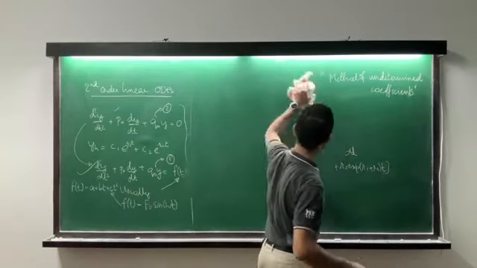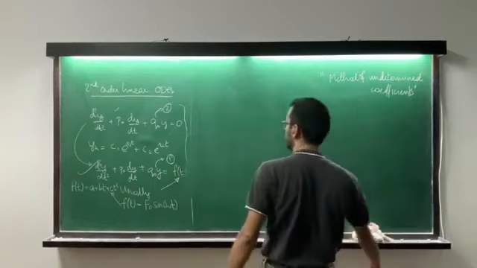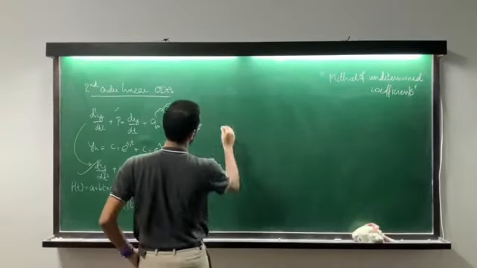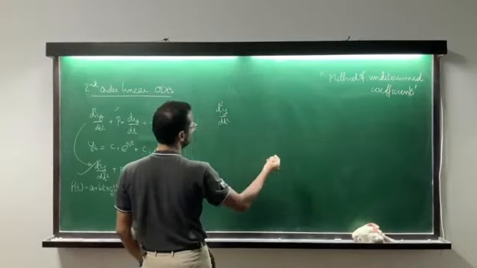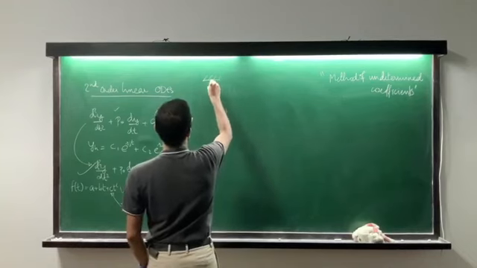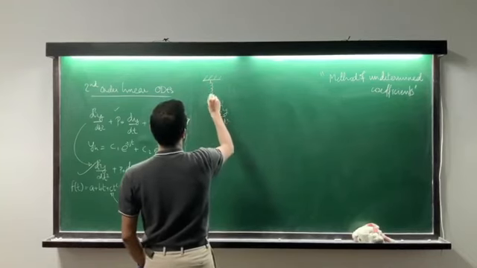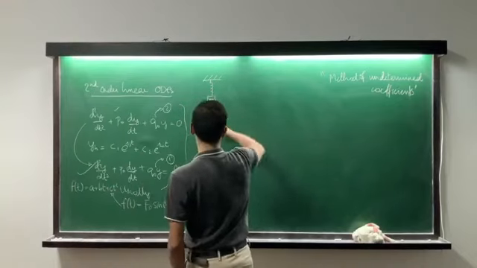So let me show you a very simple, fairly trivial example of how this works. Let's take d square y by dt square. Let's take a spring attached to a mass, and then I'm pulling this with f of t.